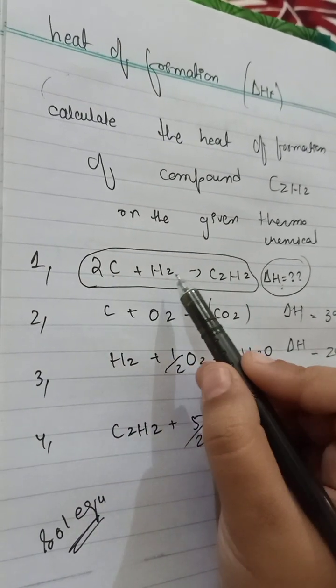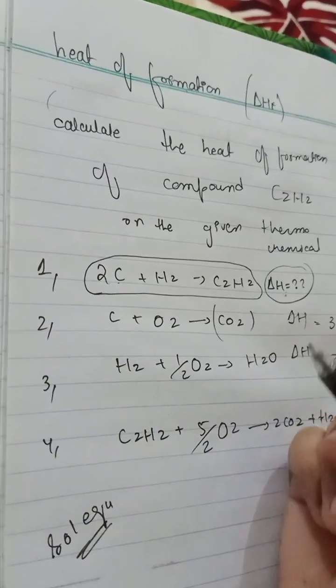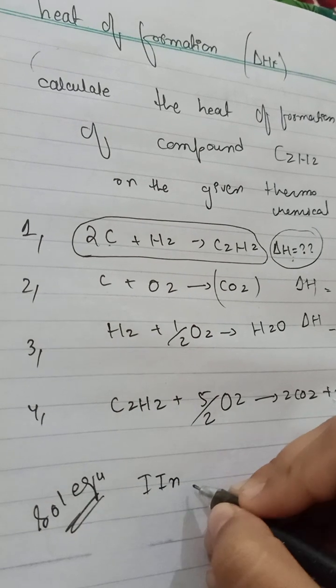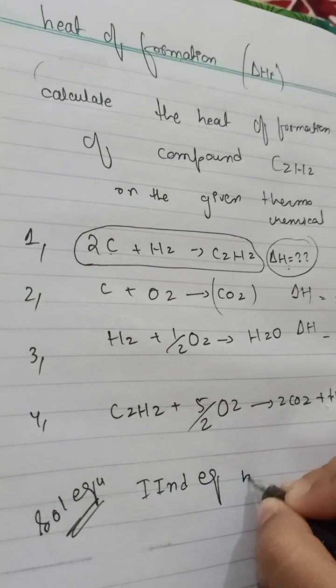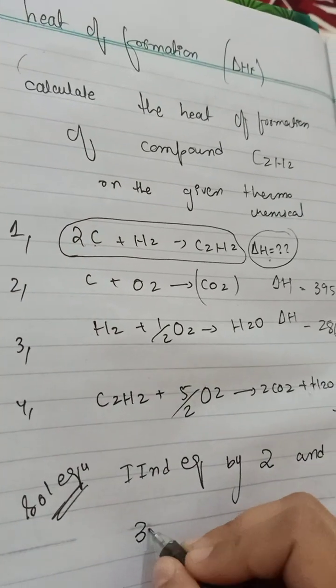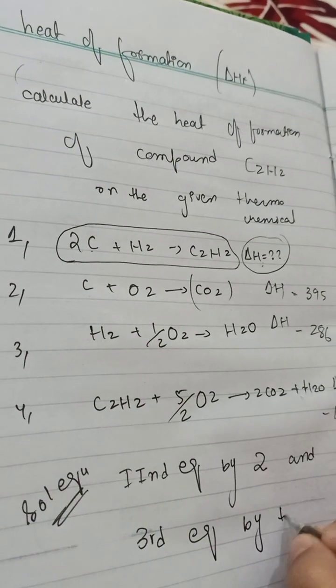Here we are having 2, so here it is not 2. So what we'll do, we will multiply the second equation by 2, and the third equation by 1.